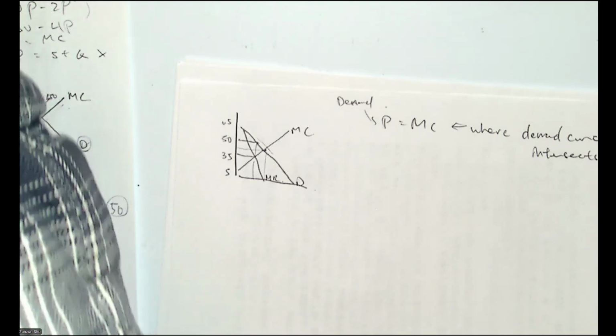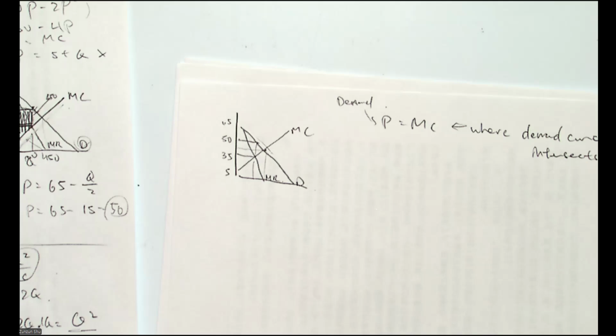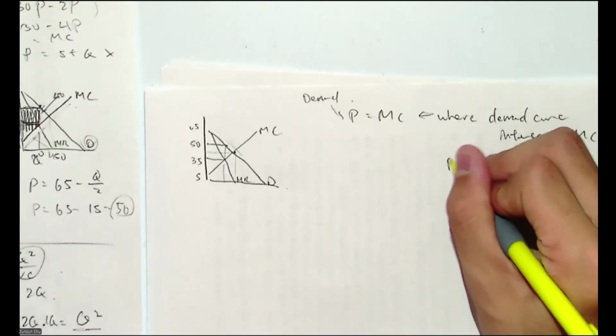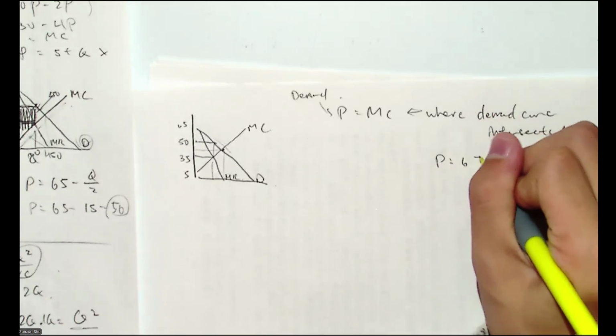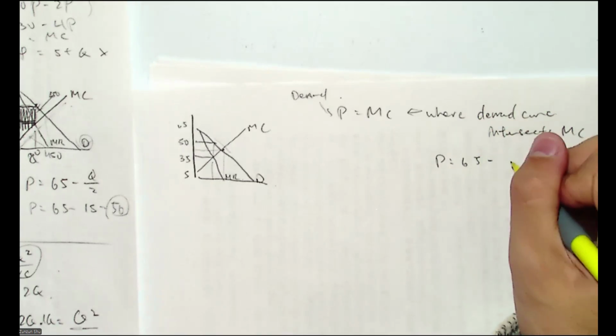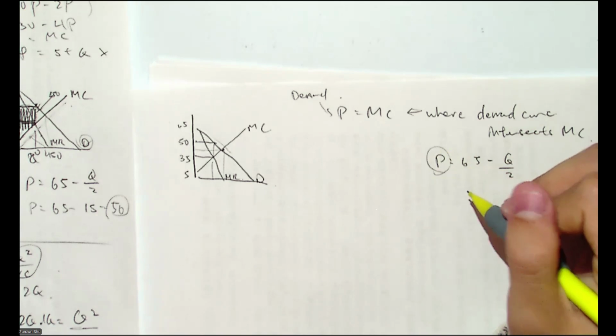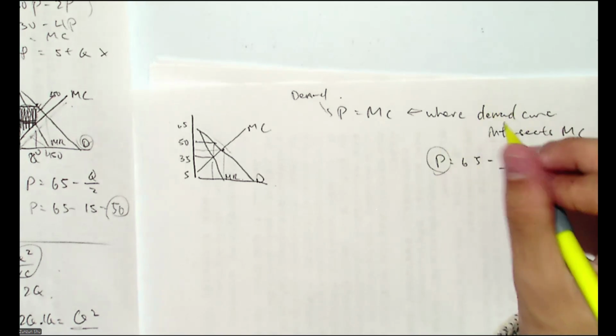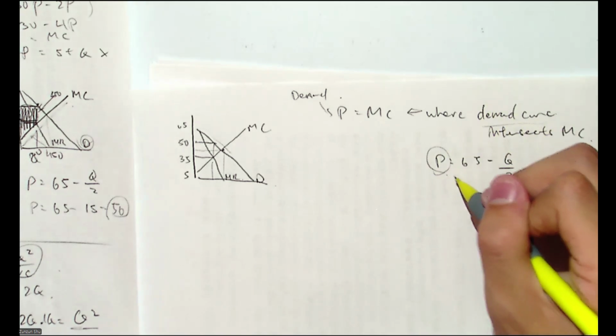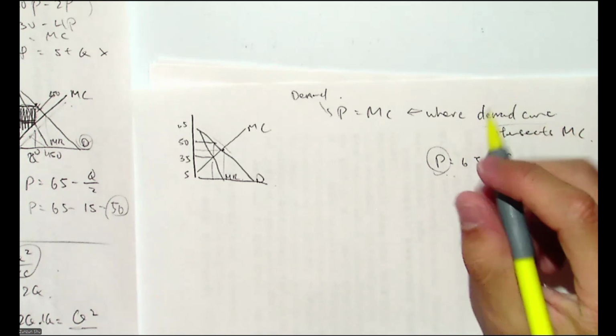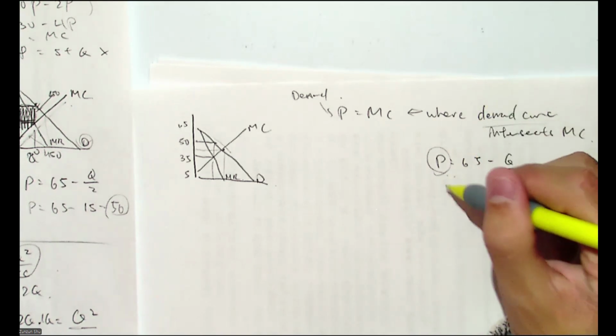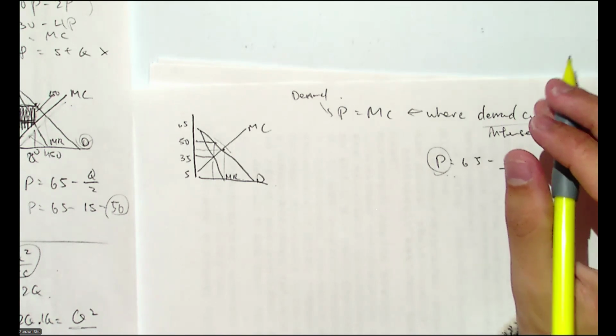In this question, let's say it initially gives you Q in terms of P. All you need to do is manipulate it, and you get P is equal to 65 minus Q over 2, right? So now you get it in terms of P. And indeed, if your demand curve is expressed in terms of P, then it pretty much just means price, right? So that's why price is equivalent to the demand curve.